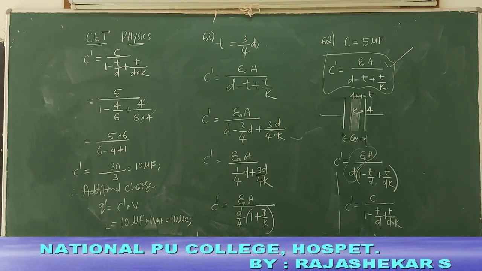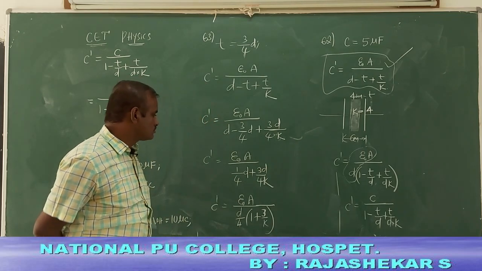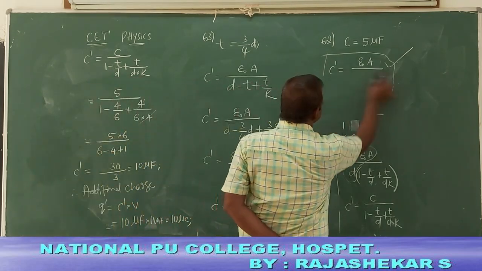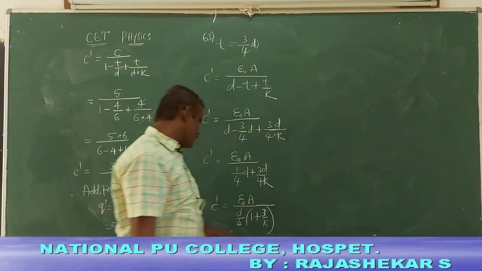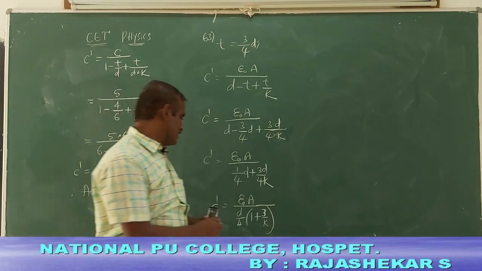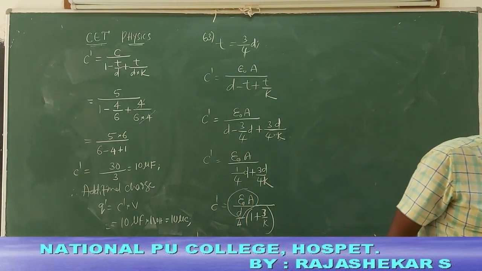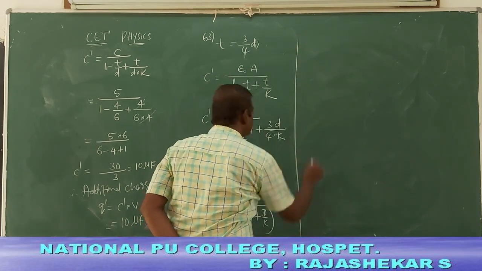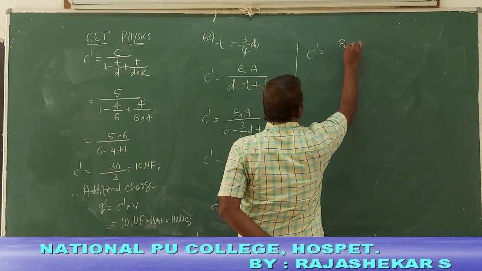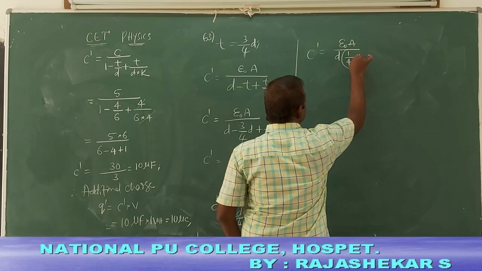And according to the answers, if you simplify, students, according to the given answers, of course this is also one of the answers. If you want to simplify according to the answers, you can take this as C, so the remaining we can calculate. And taking this 4 inside, 1/4 plus 3/4k.